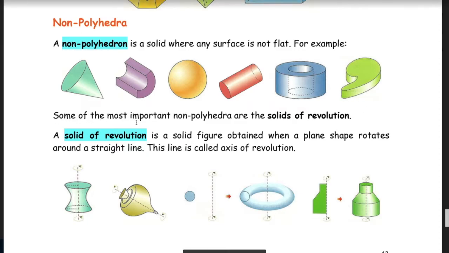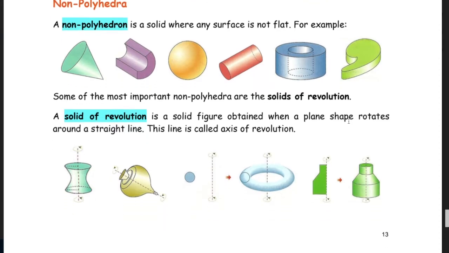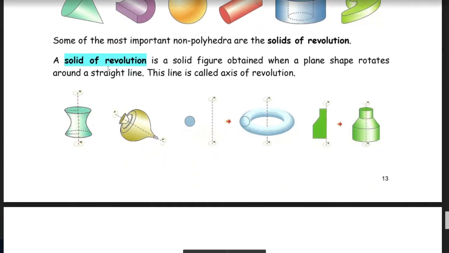Some of the most important non-polyhedra are the solids of revolution. A solid of revolution is a solid figure obtained when a plane shape rotates around a straight line. This line is called the axis of revolution.